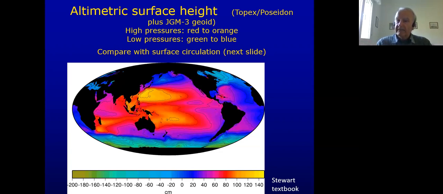So if we have a vertically homogeneous water column, so there is no change of density in the vertical, the current is uniquely determined by the horizontal distribution of the sea surface, because the sea surface height determines the pressure and determines the horizontal pressure gradient.